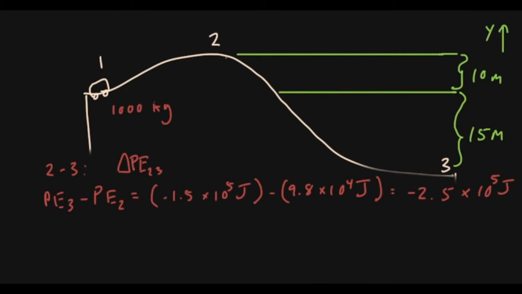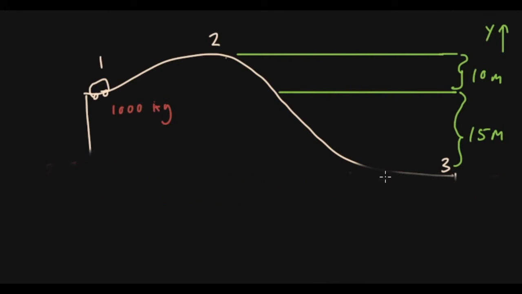Okay, last question. What if we say that this now is equal to our reference point of height 0. So in this case, y1 would have a height, okay, we can call this y3, right? y1 is going to have a height of 15 meters, and y2 would have a height of 25 meters.